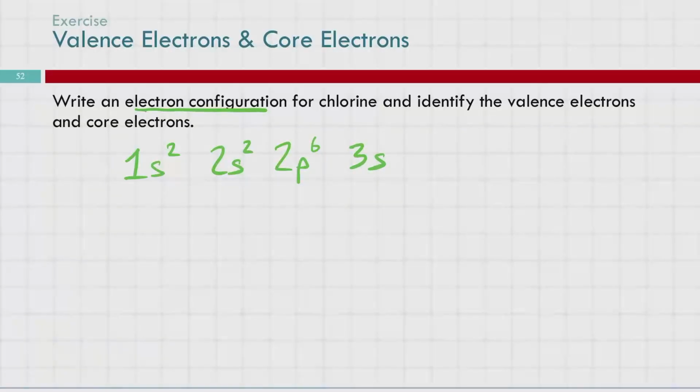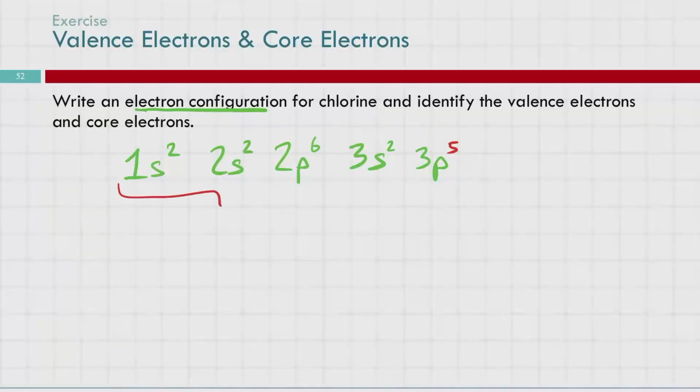We're over in our p block, so we can fill in 2 for our 3s because we're past it. And then we get, after we jump across past our transition metals, 3p, and chlorine is the second to last entry, or the 5th entry. So aluminum, silicon, phosphorus, sulfur, chlorine is 5. So 3p5. That would be our complete electron configuration for chlorine.